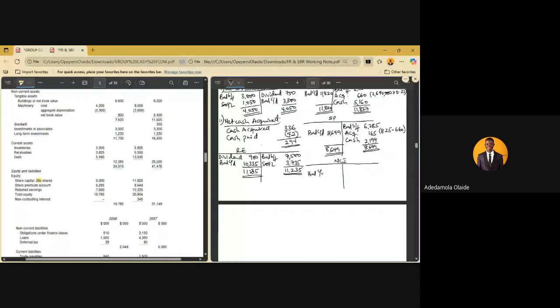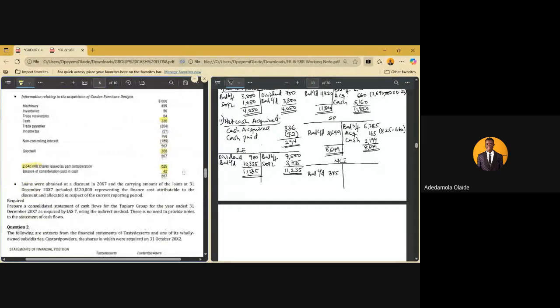Balance carried down is 345. But there was an NCI on the acquisition of the subsidiary of 189. The difference will be the dividends.